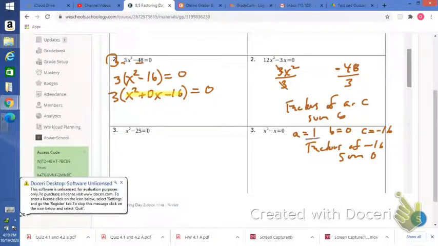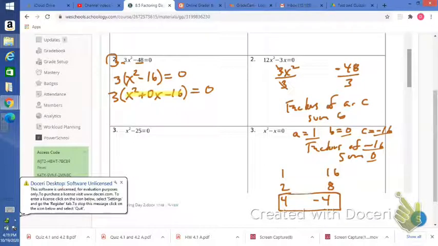Right? 1 times negative 16 is negative 16, and they have to sum to 0. So my factors of 16: 1 and 16, 2 and 8, and 4 and 4. I know one has to be positive and one has to be negative, because when you multiply them, I need a negative.